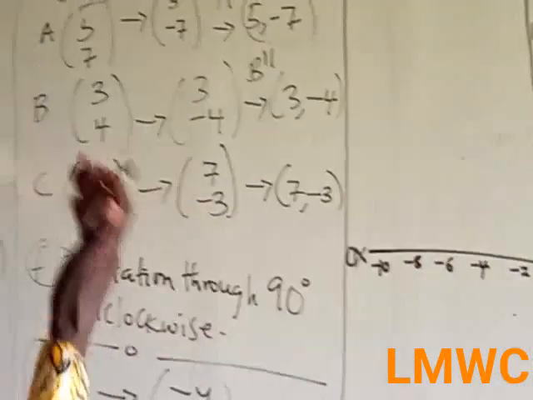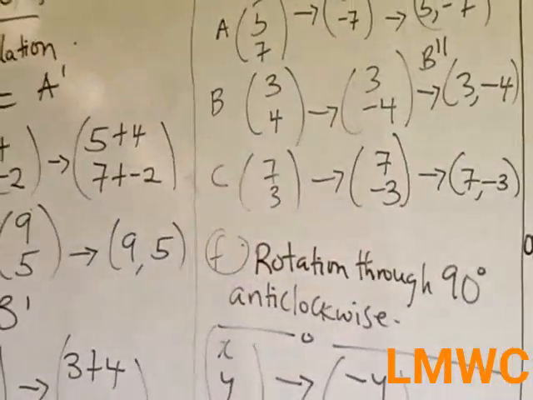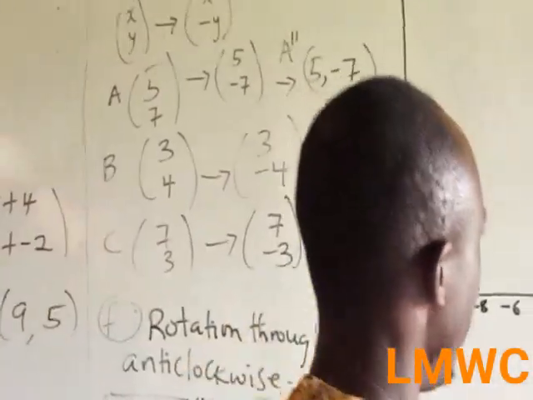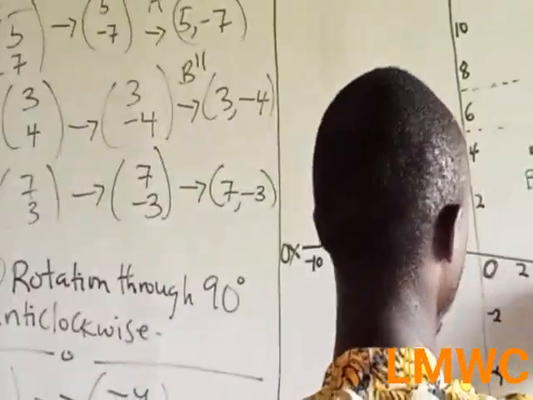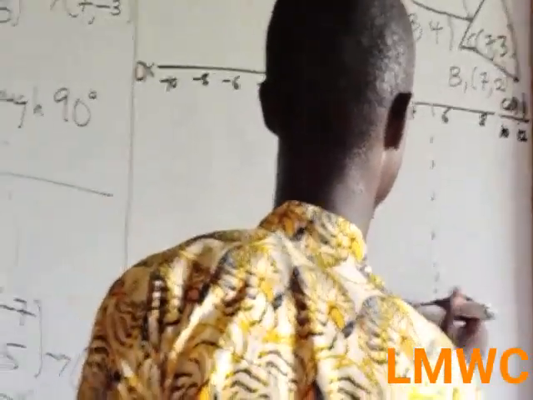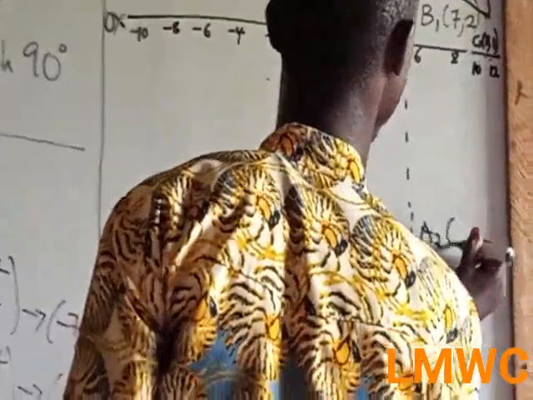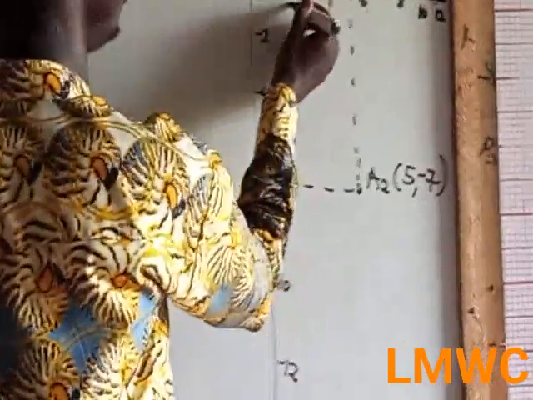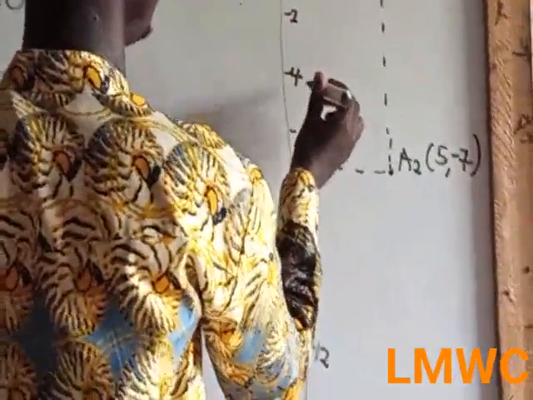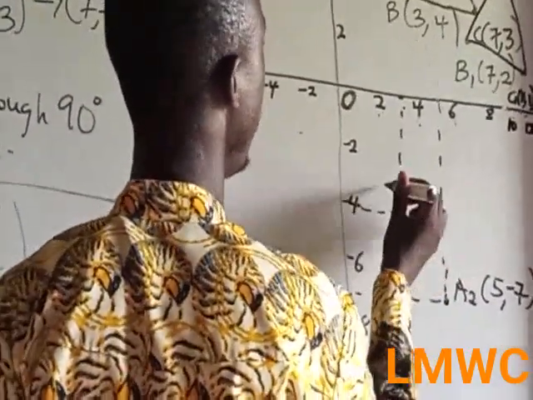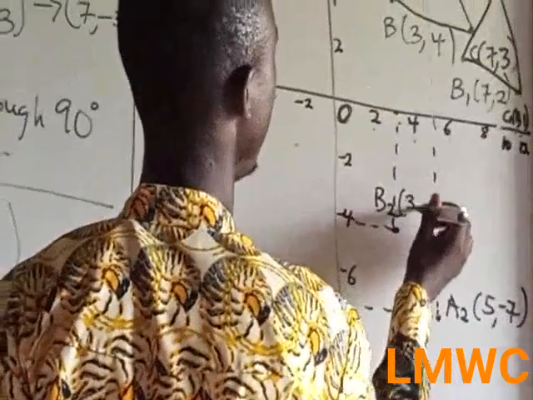The understanding matters most. So let's move on to A2. Now, A2 we have 5 and 7. In between 4 and 6 is 5. So 5 and 7. So we have something like this. So A2 is 5 and 7. B2, 3 and 4. In between 2 and 4 is 3. So 3 and 4. Something like this. So we have B2 as 3 and 4.